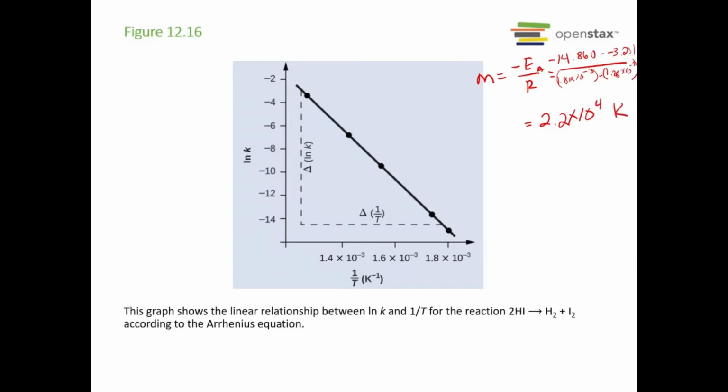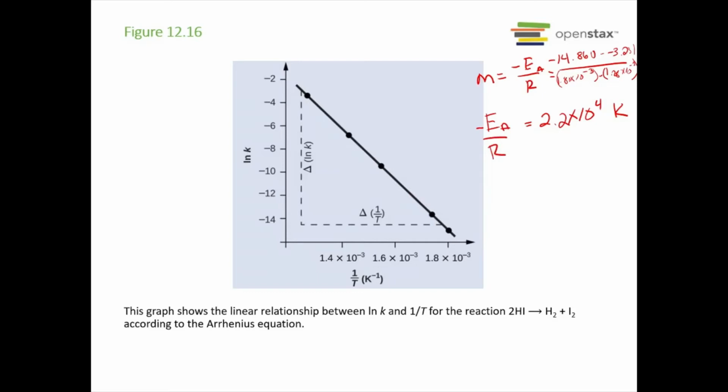And then that ends up being in inverse Kelvin, since the units up top, natural log of K, have no units. So 1 over K, so now we have Kelvin. And that is equal to negative EA over R, and we know R is equal to 8.314.